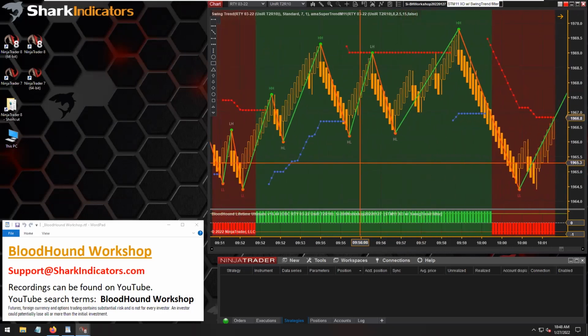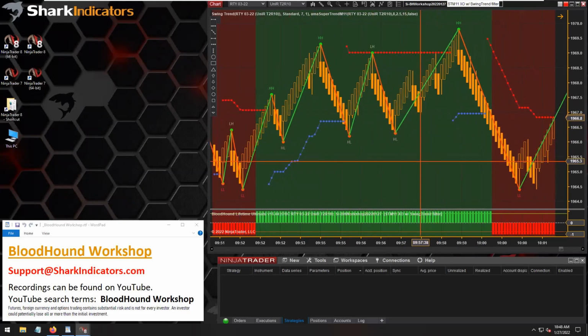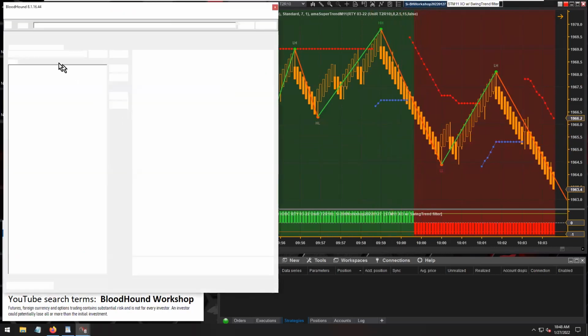And here, as soon as this higher high starts developing, the long gets captured, and we can see that there are no lower low points here, so it stays in this long until the lower low starts developing there.